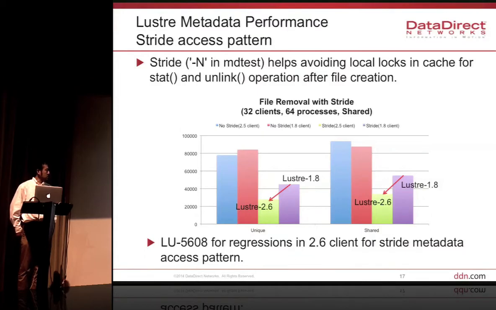The performance of the Lustre 1.8 client is significantly better than the 2.6 client for the stride option. So we just opened a ticket for this regression in the 2.6 client, and we are now working on the investigation.